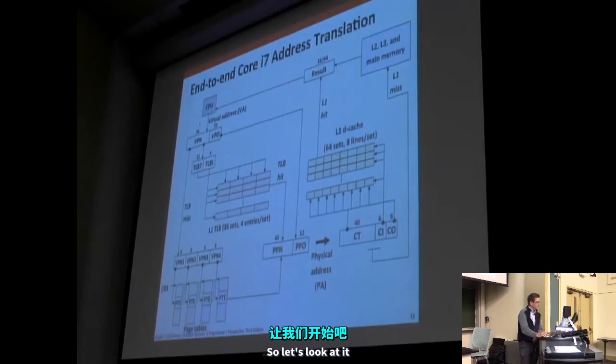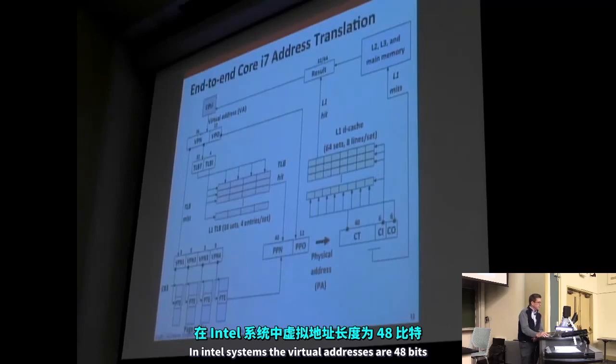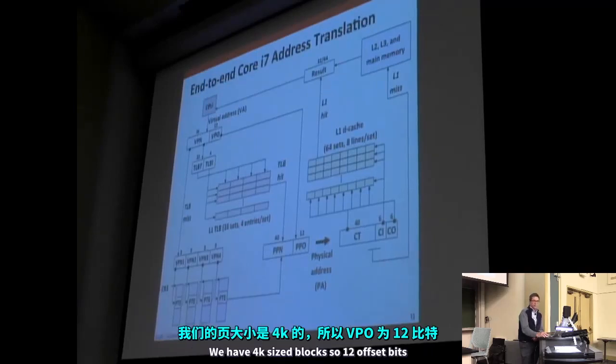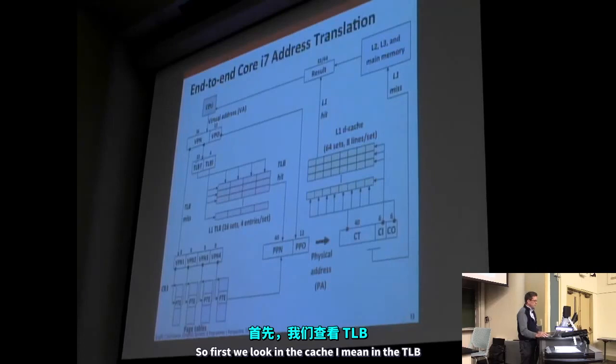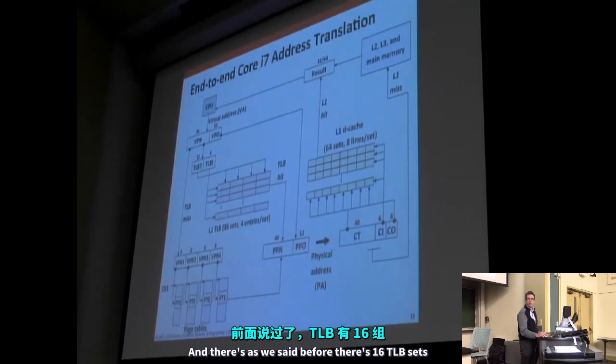So let's look at it. So the CPU generates a virtual address. In Intel systems, the virtual addresses are 48 bits. We have 4K size blocks, so 12 offset bits, and then 36 VPN bits. So first we look in the TLB, and as we said before, there's 16 TLB sets.